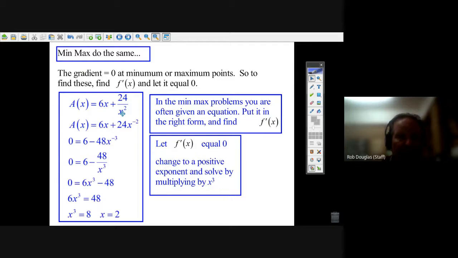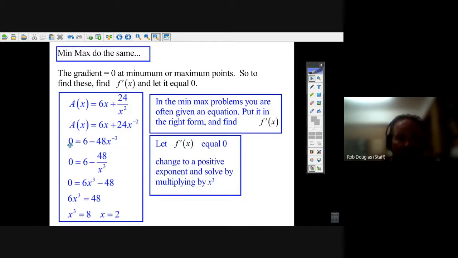The first thing you have to do is write it as a negative exponent to get started. And then you do the derivative. The derivative of 6x is just the number in front, but here you go, minus 2 times 24, that's minus 48. And you subtract 1 from 2, you get minus 3.